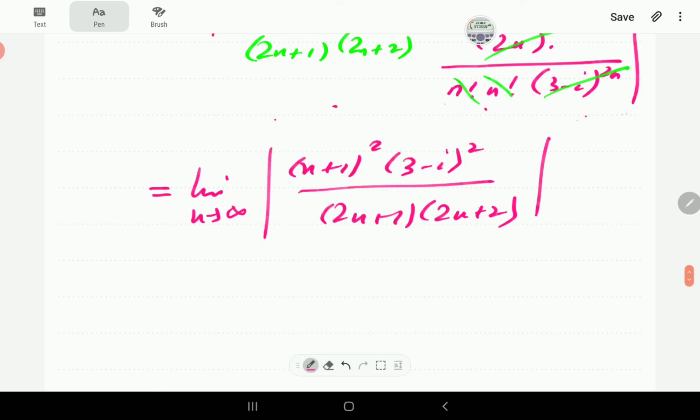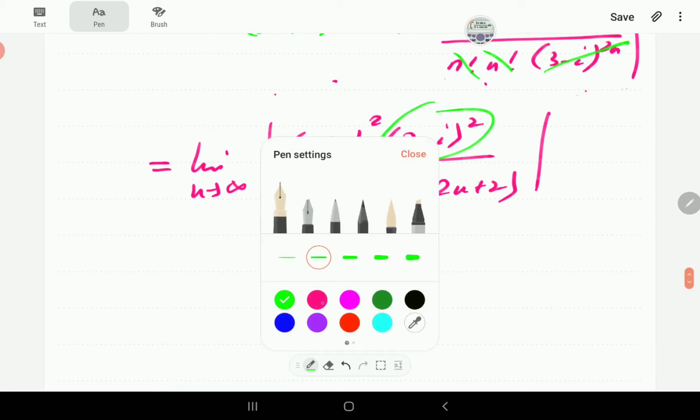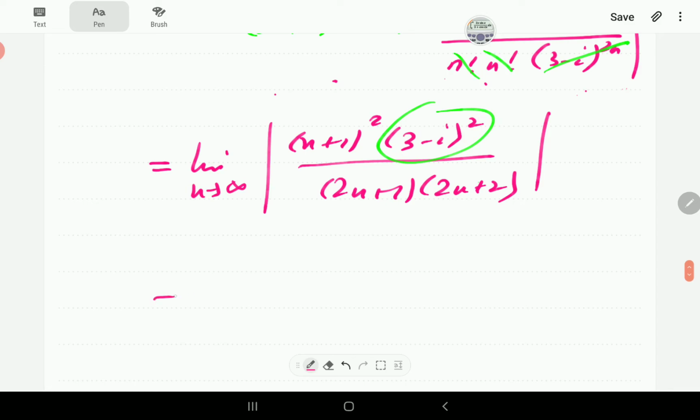Now this is independent of n, so we can take it outside.